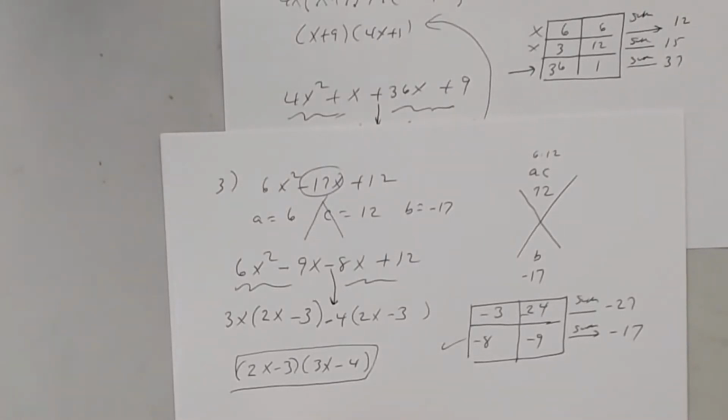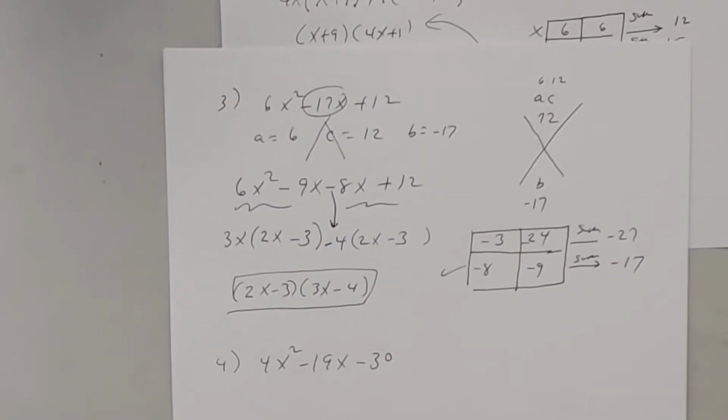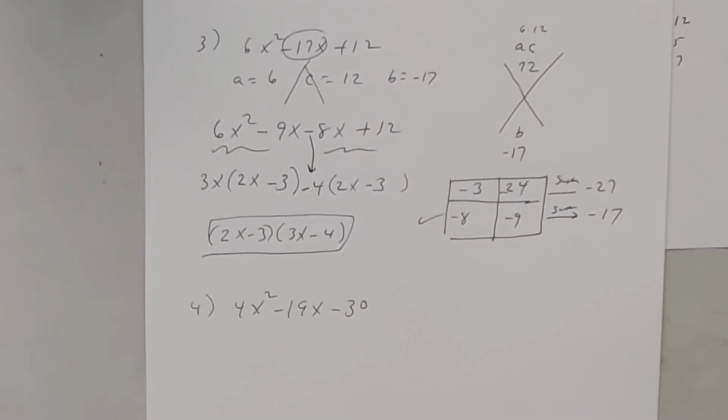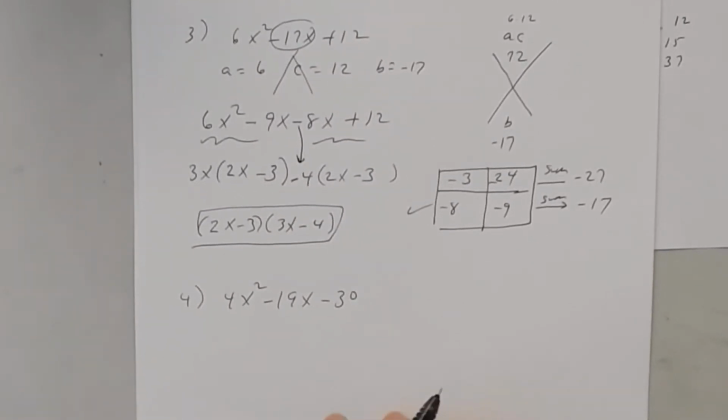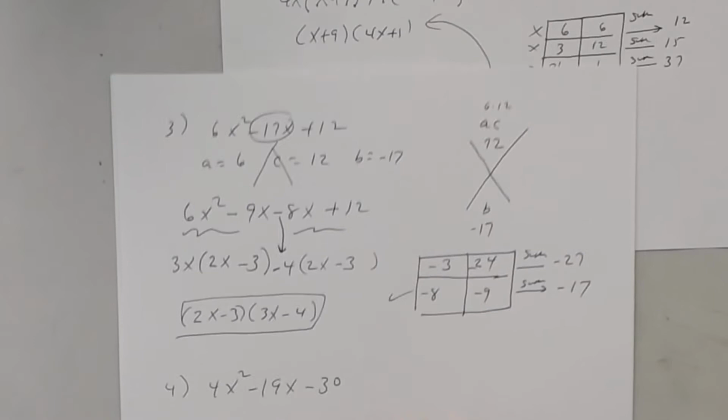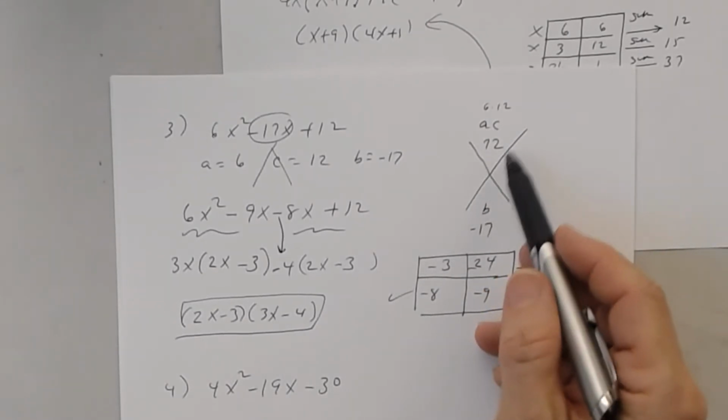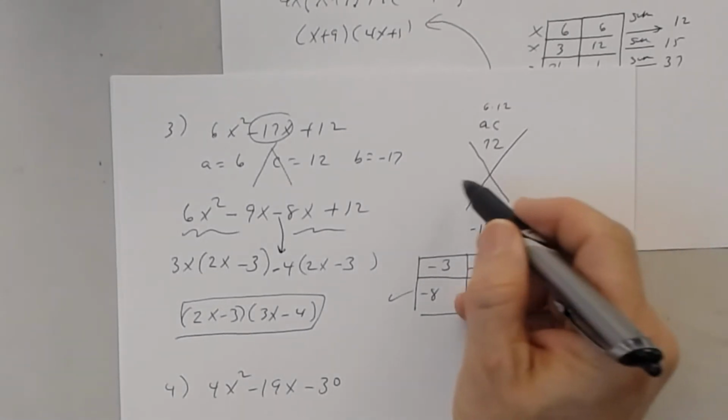Okay, number 4. Suppose we had 4x squared minus 19x minus 30. By the way, normally, you see how I didn't put the -8, -9?